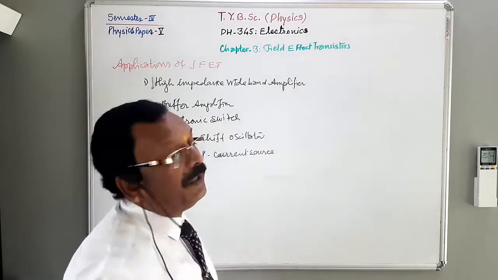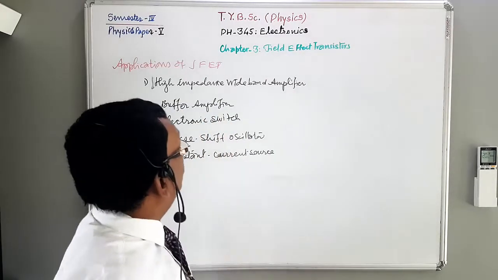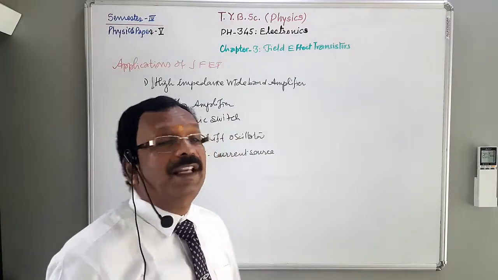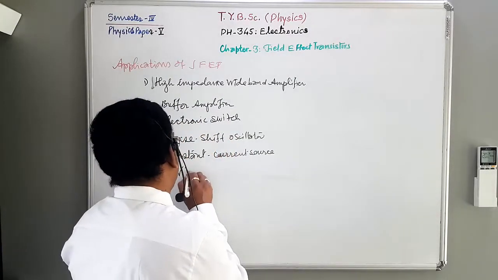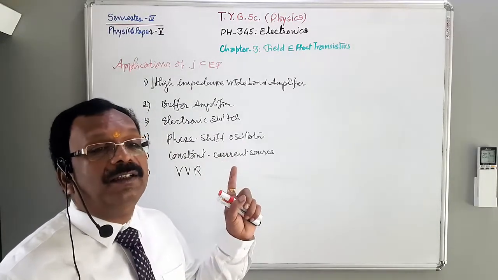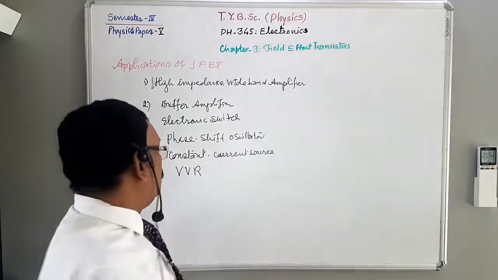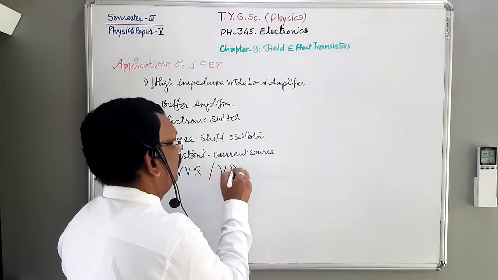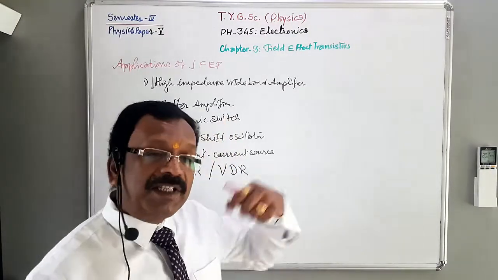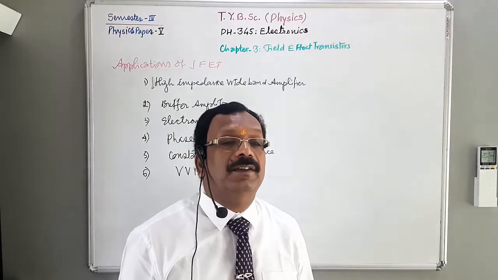As it is a voltage controlled device. Next one, JFET is used as a voltage variable resistor, that is VVR, or voltage dependent resistor, VDR. These and much more applications are there regarding JFET.